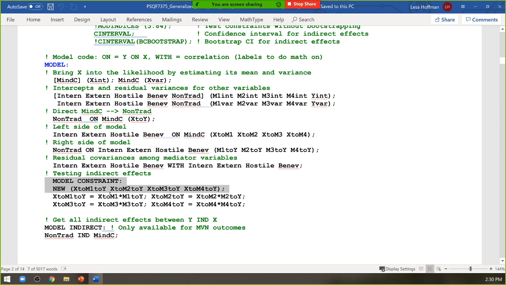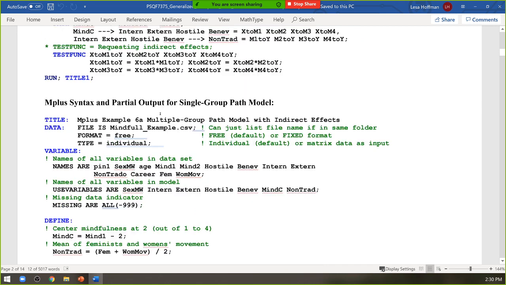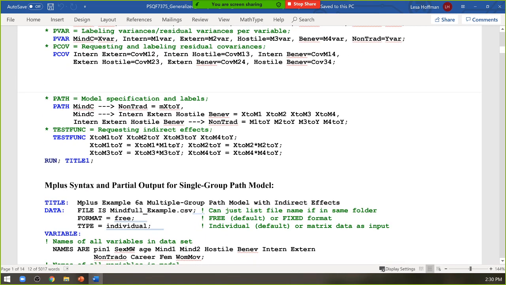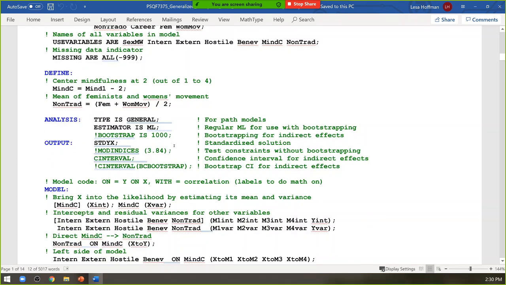So X to M1 to Y, to M2 to Y, M3 to Y, M4 to Y. So each of these then is a multiplicative combination. So this would have to be NLINCOM in Stata. Estimate in SAS will not do this for you, but in PROC CALIS, there's a way to ask it a different function that's known as test function, which allows you to do this kind of nonlinear combination.